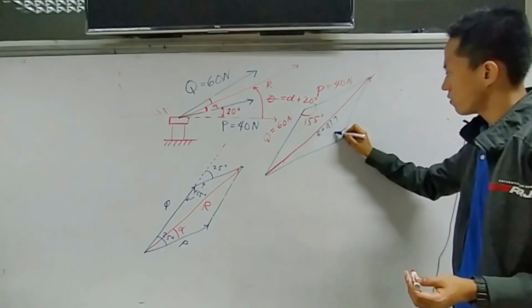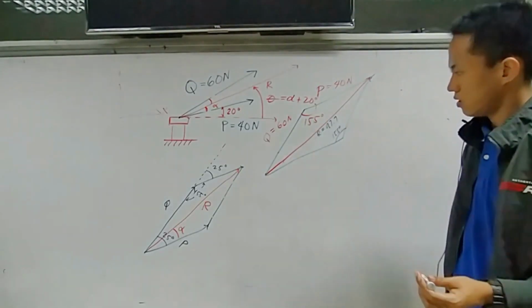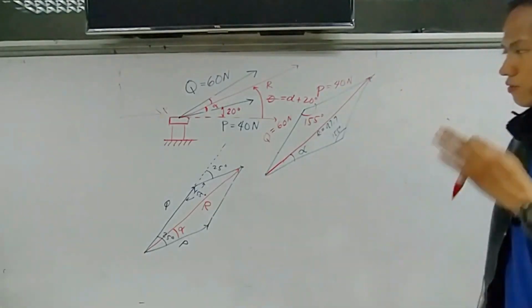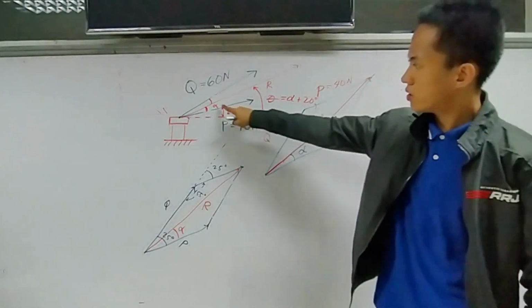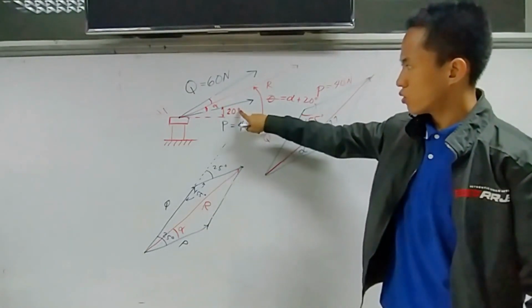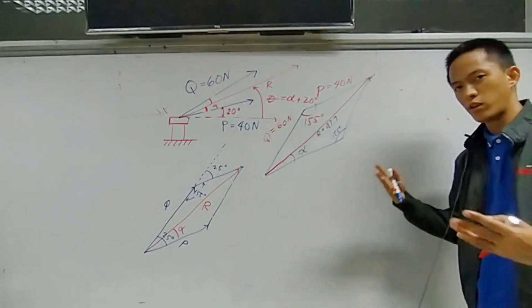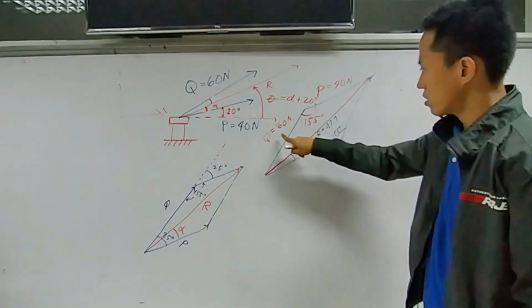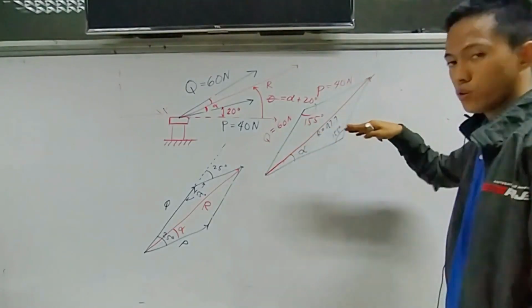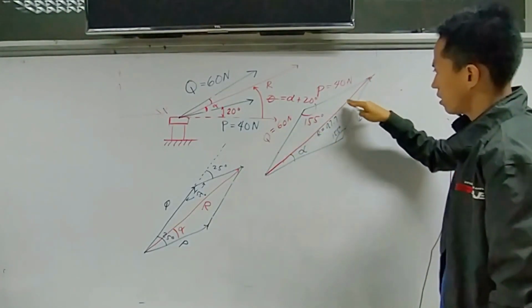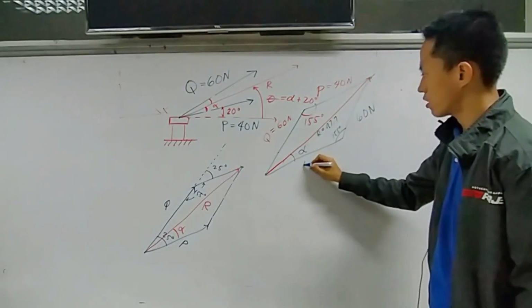So, we have here 155 degrees. So, ito yung hahanapin natin dito, itong alpha. Then, after finding that alpha, add natin yung 20, that is the angle of our resultant force. Kompleto na yung answer natin. So, this is Q, this is also Q, yung opposite niya. So, this is also 60 newtons. If this is 40, 40 newtons din to.